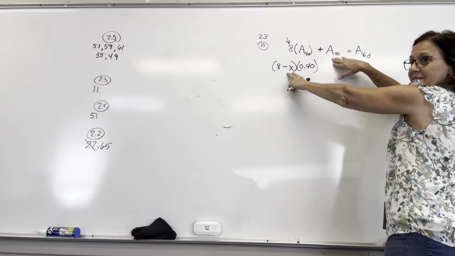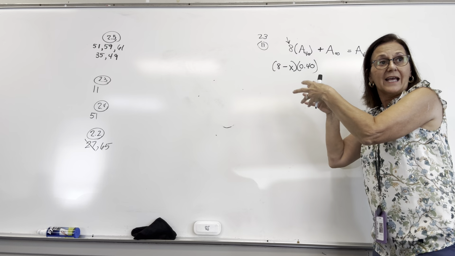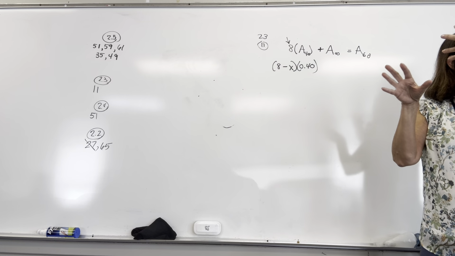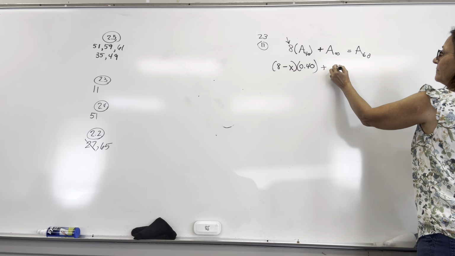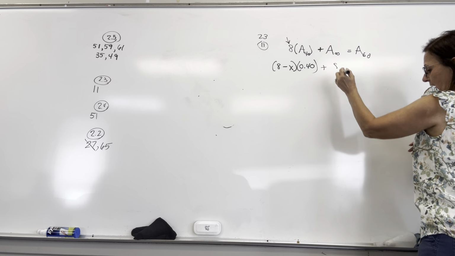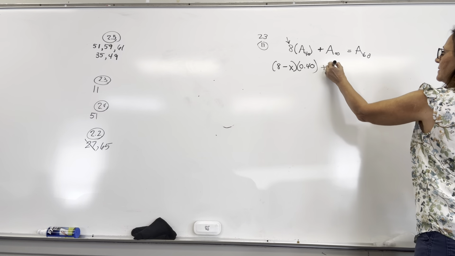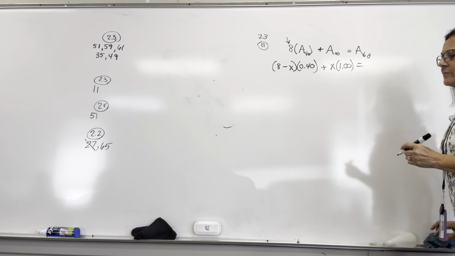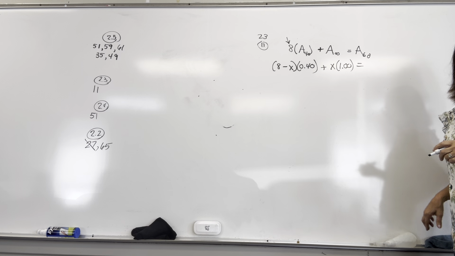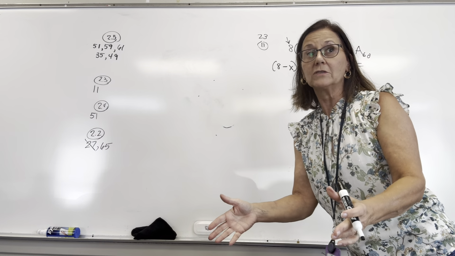Whatever X is. Whatever we drain off of 40% antifreeze, we're going to add 100%. So we're going to add X quarts of 100% antifreeze. How much antifreeze are we going to have in the end? 8, because the tank only holds 8.